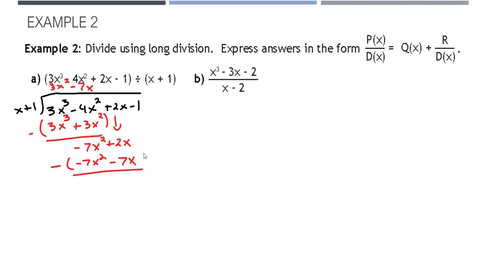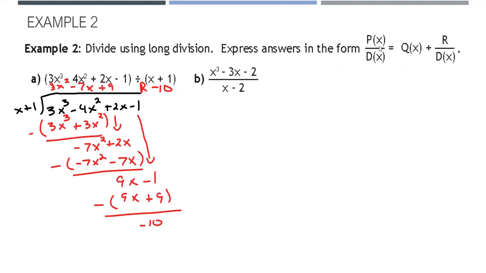Doing the subtraction, this equals 0, and then 2 plus 7 is 9x. Dropping down the negative 1. And then x times 9 is 9x, and 9 times 1 is 9. Doing a subtraction, 9 minus 9 is 0, and then negative 1 minus 9 is negative 10. So that's going to be a remainder of negative 10.